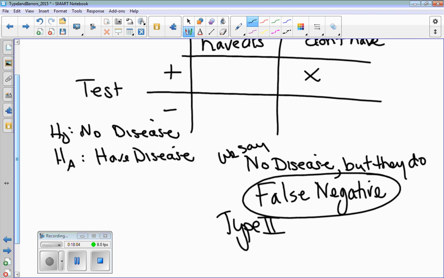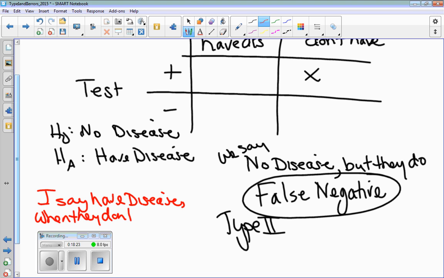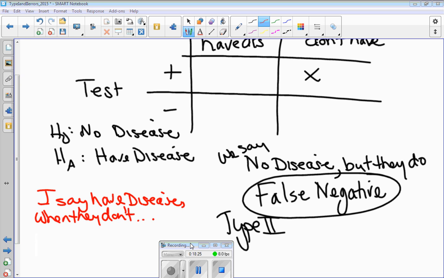I reject, but it's true, okay? So a type 1 would be I reject this, which means I say that they have the disease when they actually don't, right? Therefore, that would be a false positive, okay?